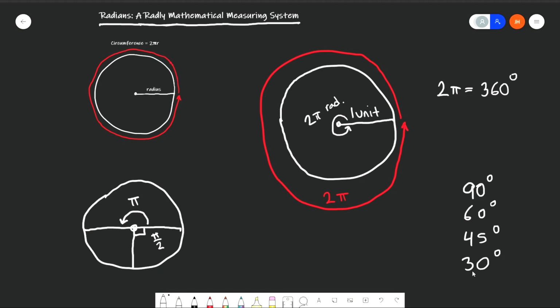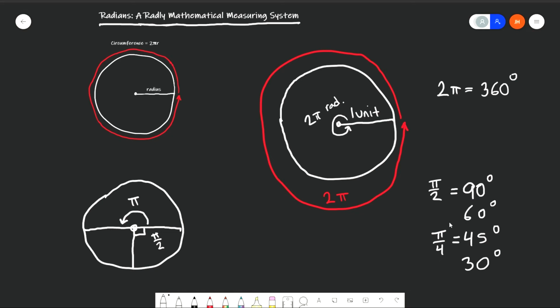These were all our important angles from our special triangles. Well, we already figured out that 90 degrees was pi over 2 radians, right? From that, we could figure out what 45 is, because 45 is half of 90. Half of pi over 2 would be pi over 4.